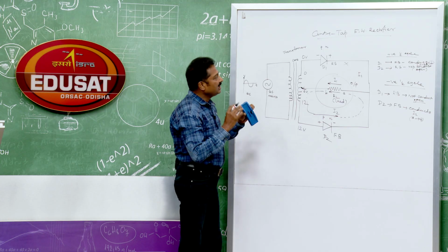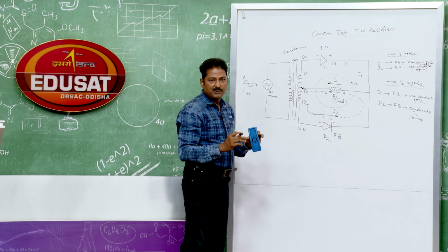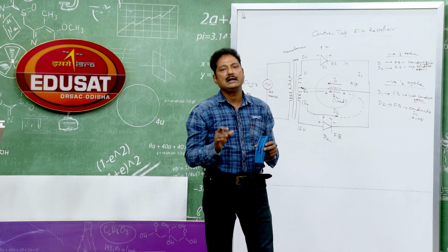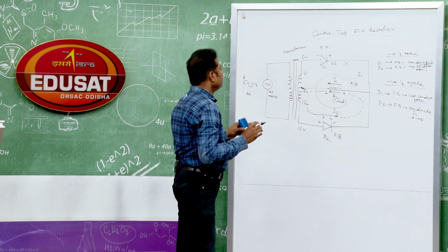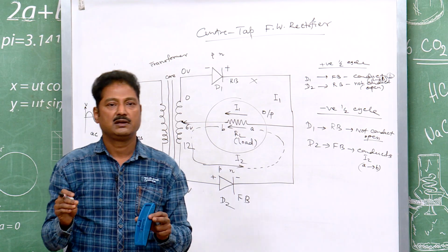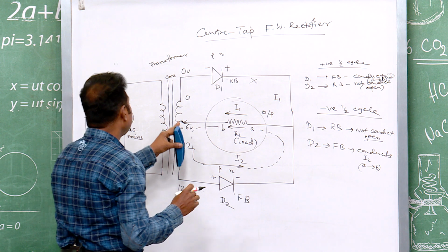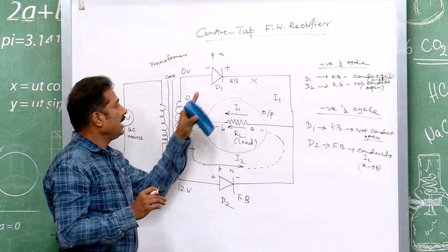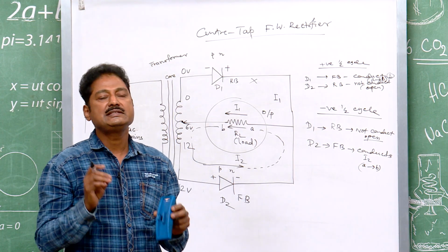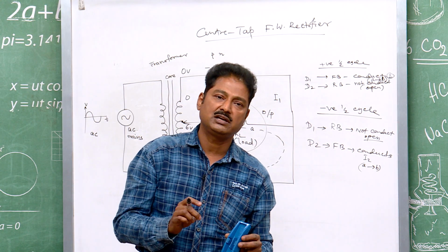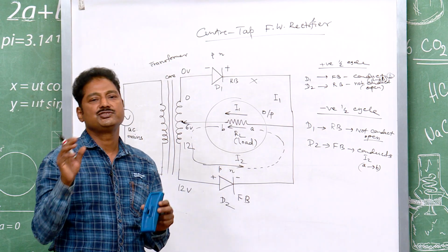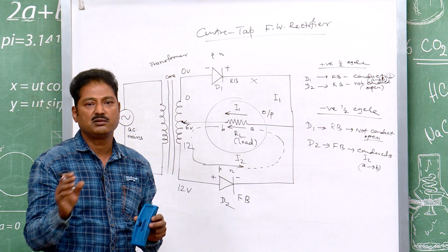Now, I can define a full wave rectifier, or center tap full wave rectifier, this way. A center tap full wave rectifier may be defined as the electronic device which employs a center tap transformer and two diodes to convert an AC signal, signal meaning your voltage or current, into a direct signal, DC, your current or voltage.